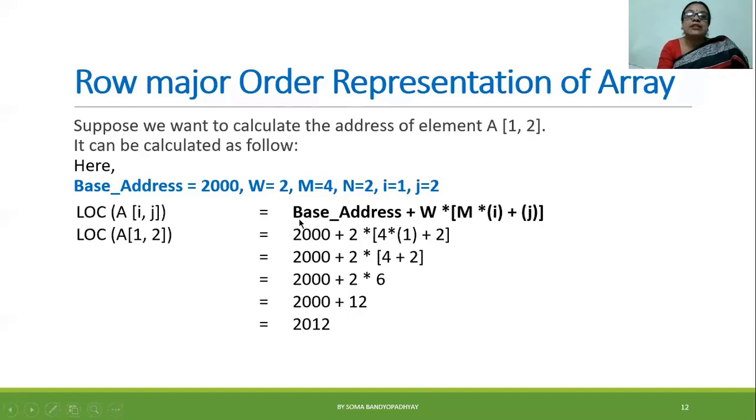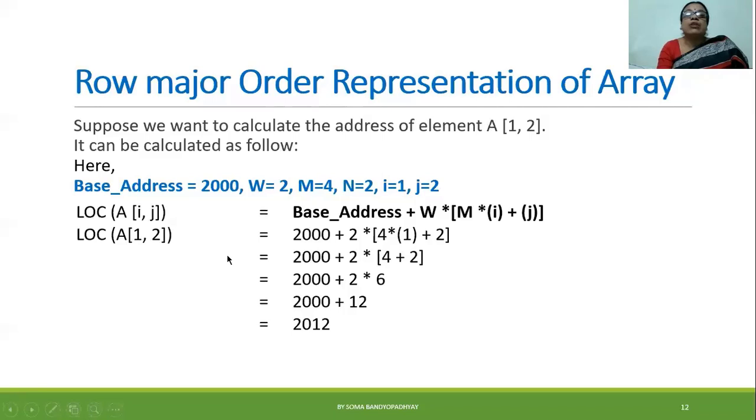So the base address was 2000, word size equal to 2, number of columns equal to 4, number of rows equal to 2, the index of the row is 1, the index of the column is 2. Now we can calculate the location of A12, that means the address of element A12.